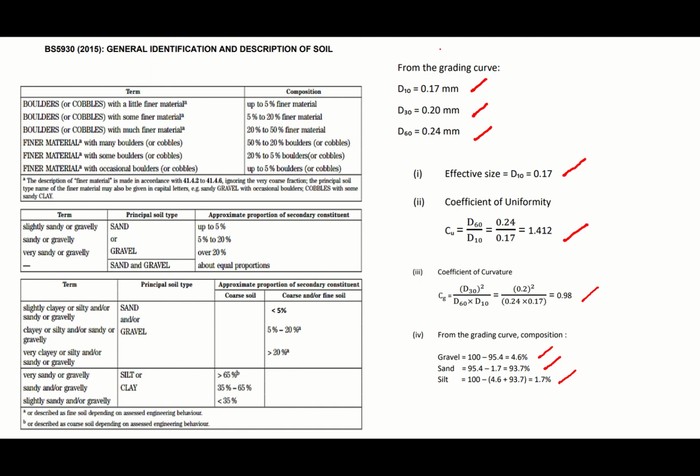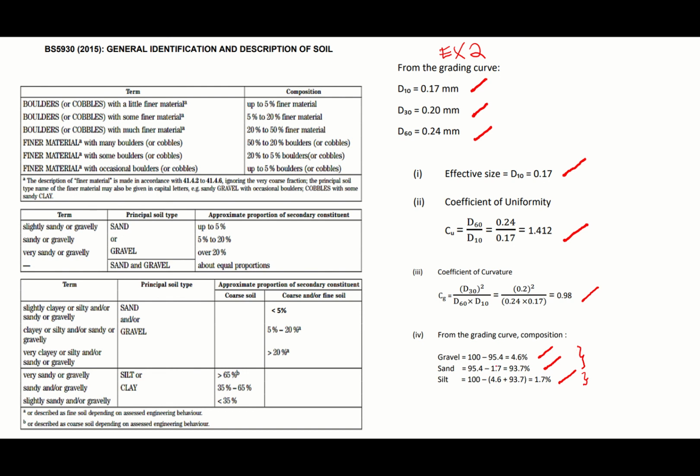So let's look into the second example. The same process: do your table, do the graph, find the D10, D30 and D60, find Cu, Cg and so on. With the same principle as we explained earlier, look at the composition, and then add up to see whether coarse or fine grain will be the majority.